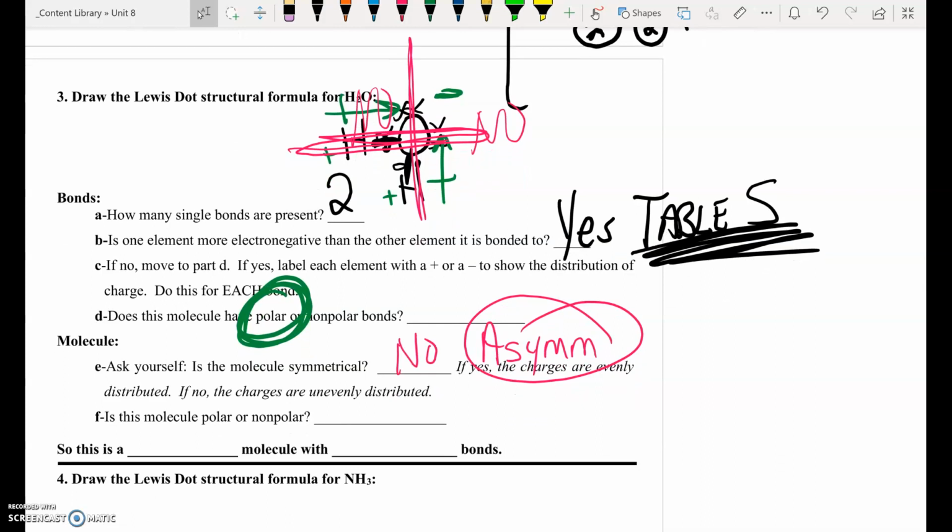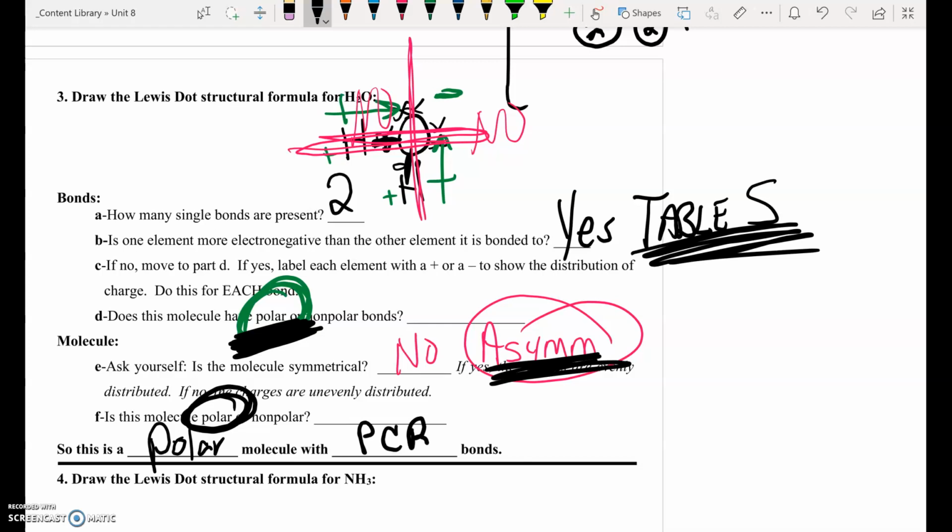So then, is this molecule polar or nonpolar? We would say that this one would indeed be polar, because I have a polar covalent bond, highlighted here in black, and it's asymmetrical. I'm sorry, we would say that was a polar molecule because it's made with polar covalent bonds.